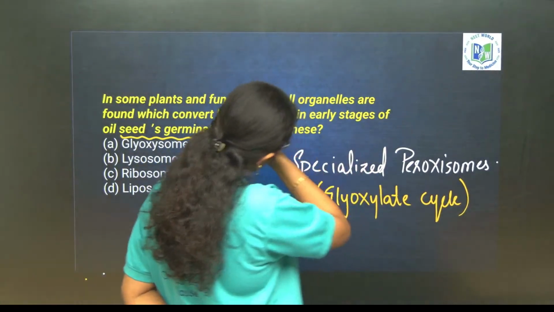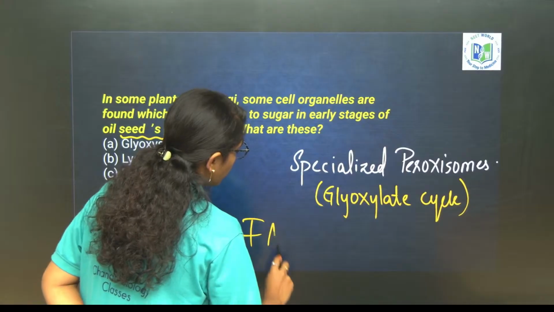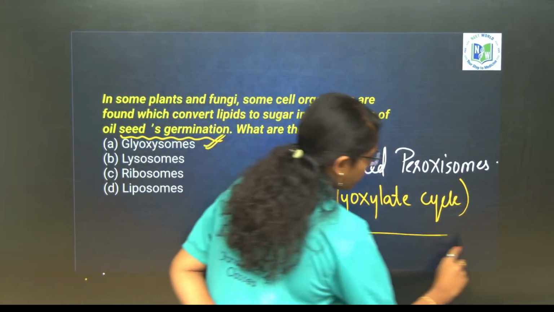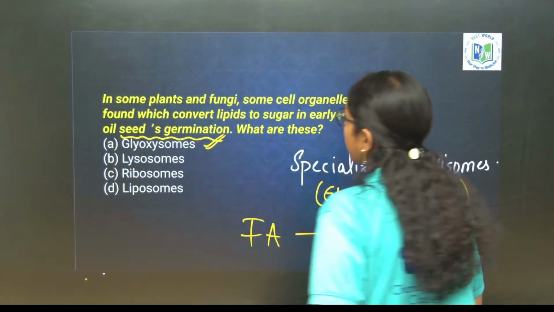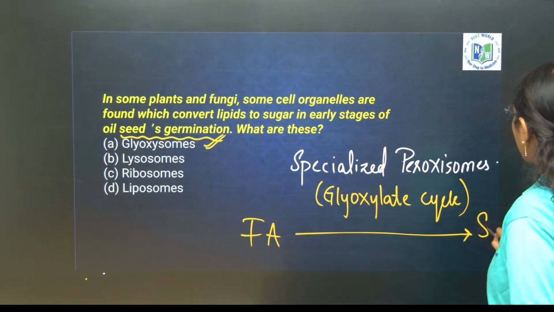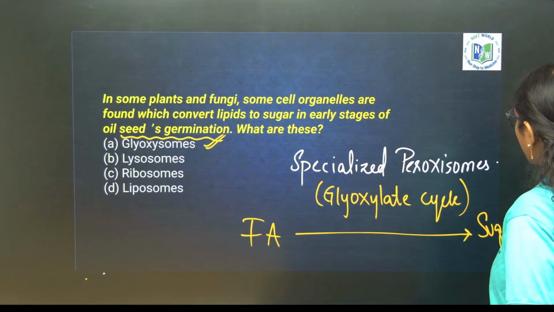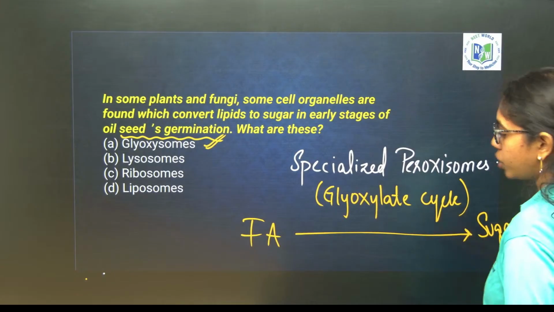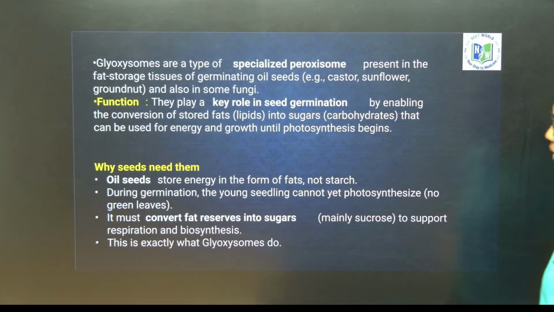Inside glyoxysomes, fatty acids or lipids will get converted to what? Fatty acids or lipids will be converted to sugars. Fine. Let us look into the mechanism in detail, what happens in it actually.